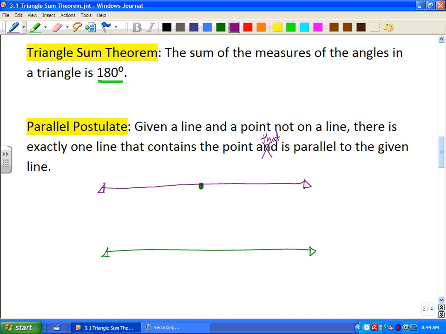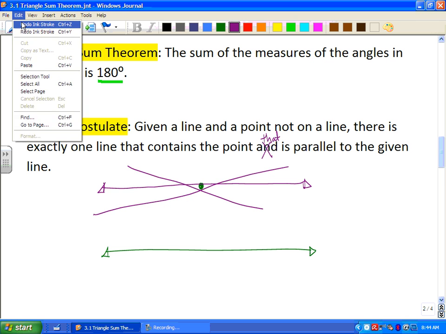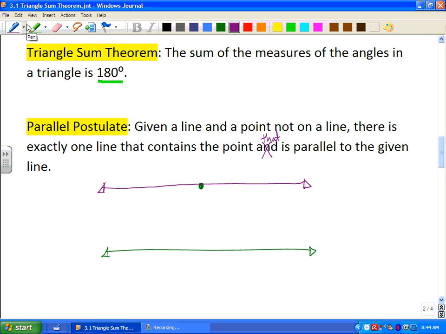Exactly one, no more. Because any way you shift that line that goes through that point, up or down, a line here, a line there, all of those are not going to be parallel. There's only one line that will go through that point that is parallel to the given line.